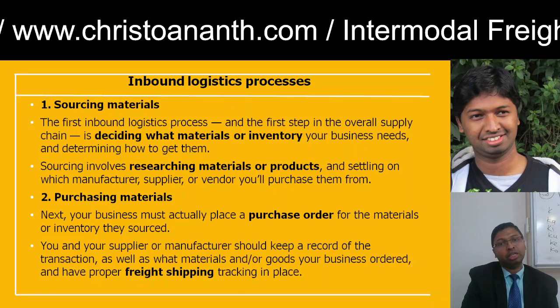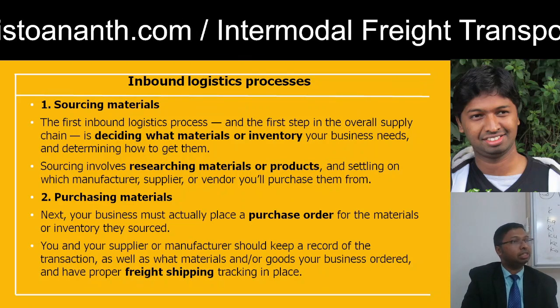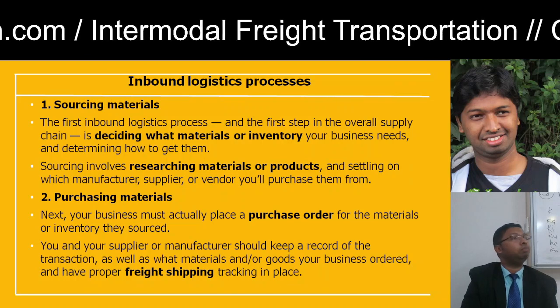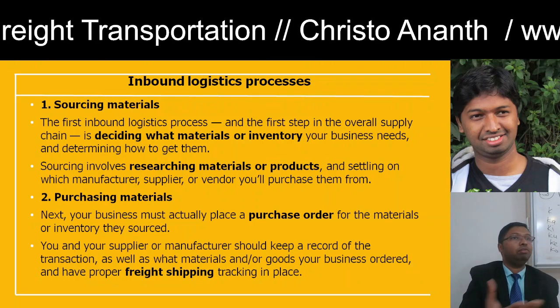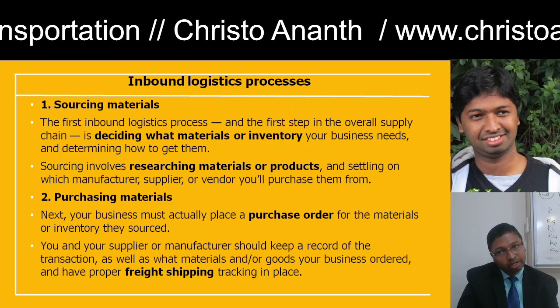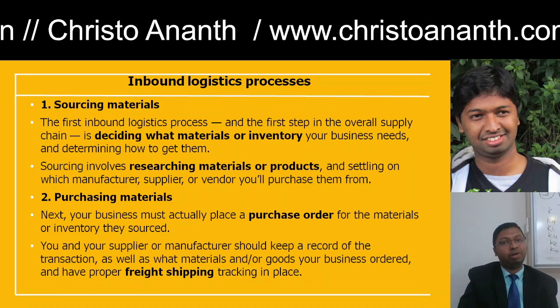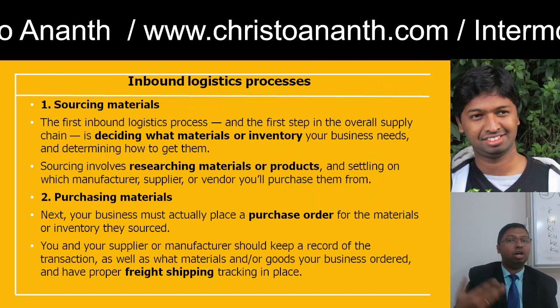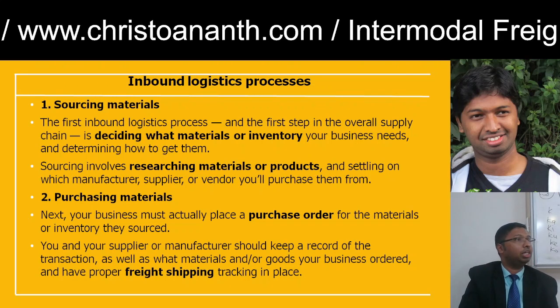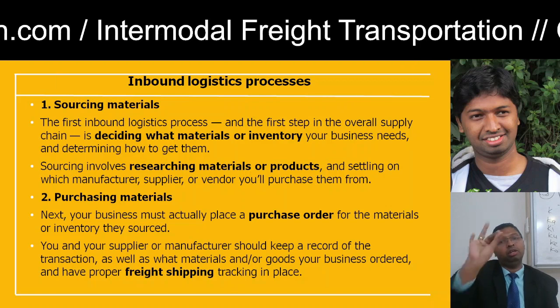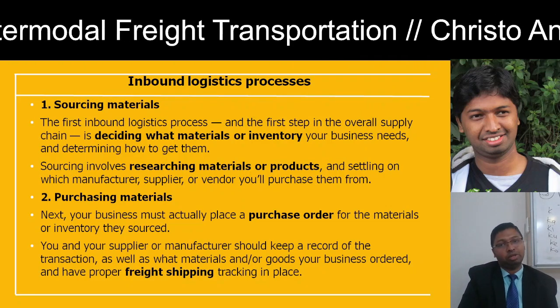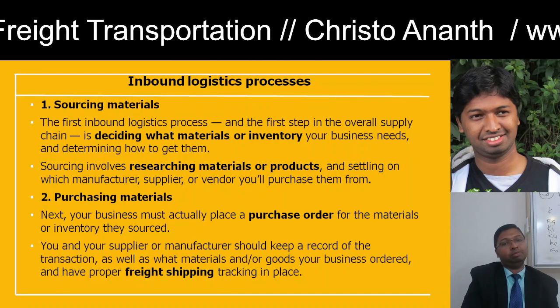Sourcing is all about researching cost efficient materials and the quality products you try to maintain for your business. You identify products from the manufacturer, supplier, or vendor. So remember, quality and cost efficiency, researching the materials as well as products.